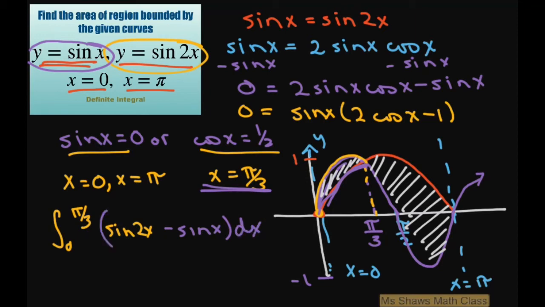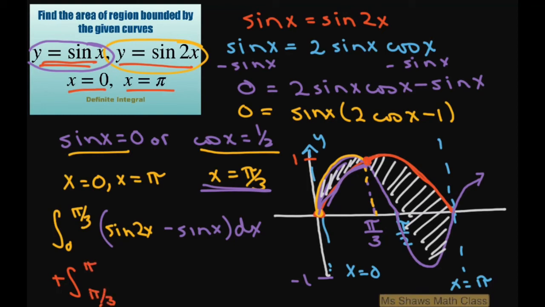Now for the second piece, this shaded area is bounded on the upper part. So you're going from top to bottom, and we're starting at pi divided by 3 to pi.